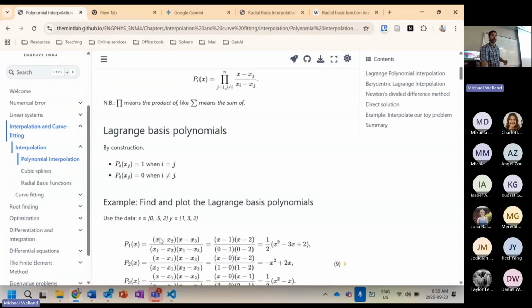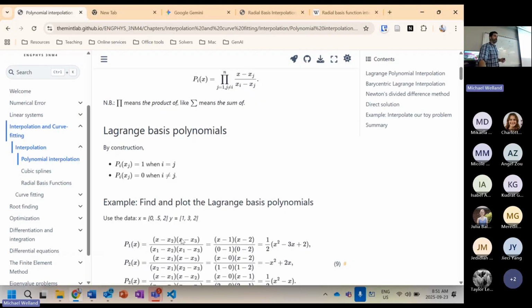Right off the bat, if x was equal to x1, then x1 minus x2 cancels with x1 minus x2, and x1 minus x3 cancels with x1 minus x3, and this polynomial evaluates to 1. For all the other ones, if x is equal to x2, 0, everything's dead.